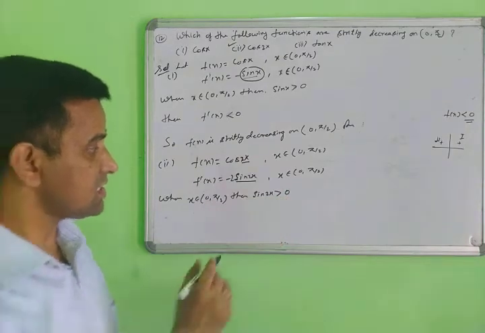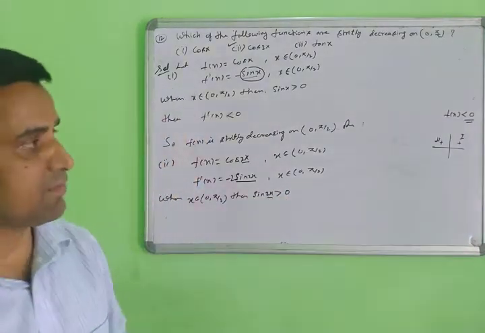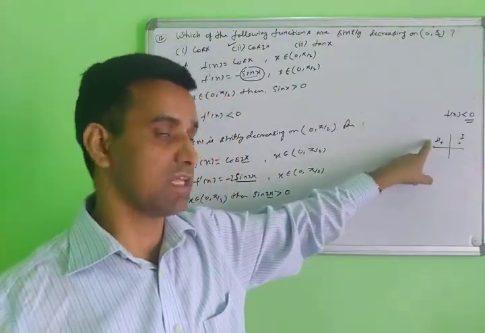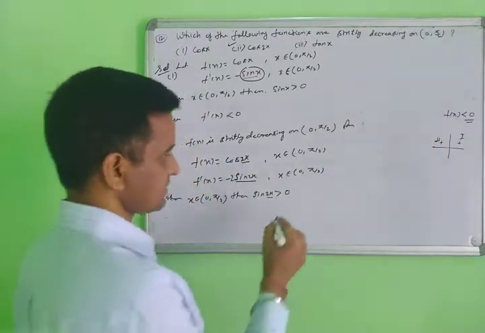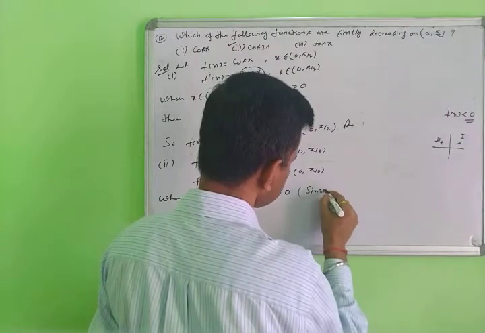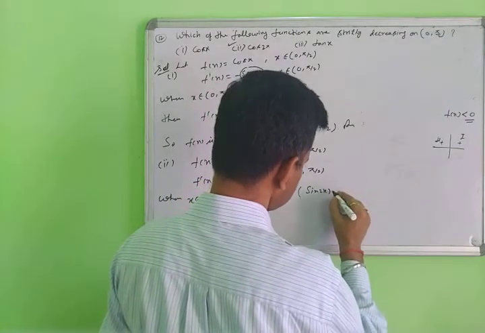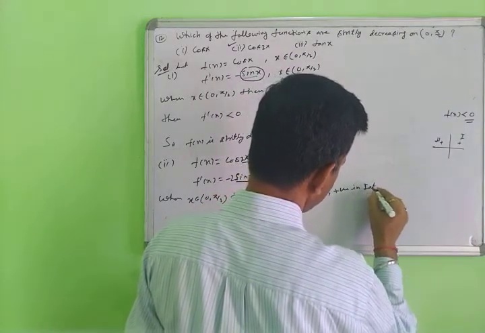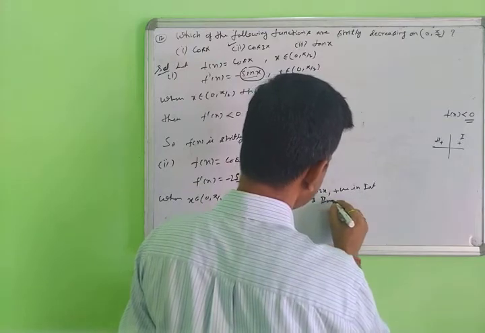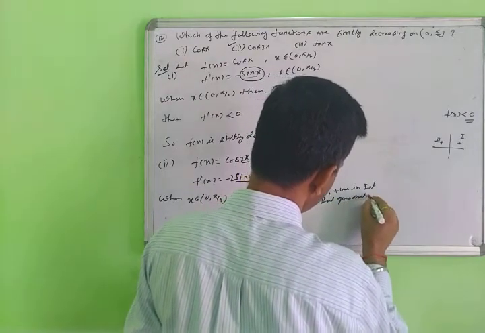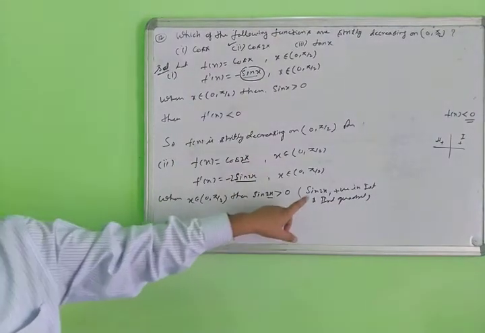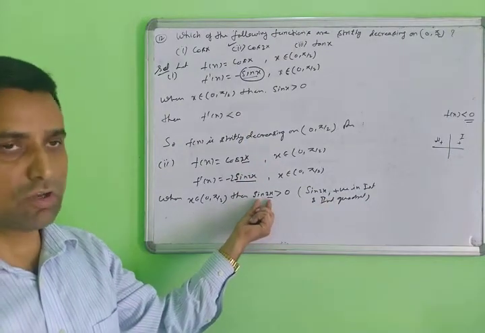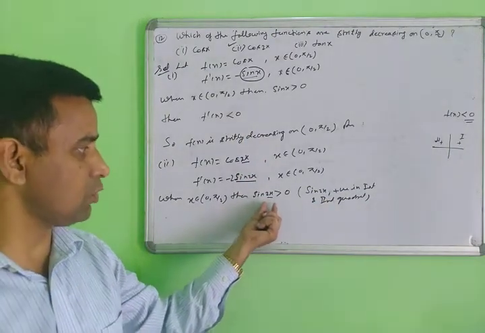Remember, we are applying this theta as 2x. Suppose sin 2x is in the first quadrant, then it is positive. Suppose it is in the second quadrant, then it is also positive. Sin theta is positive in the first and second quadrants, so whether it is the minimum value in the first quadrant or the maximum value in the second, both have positive sin.